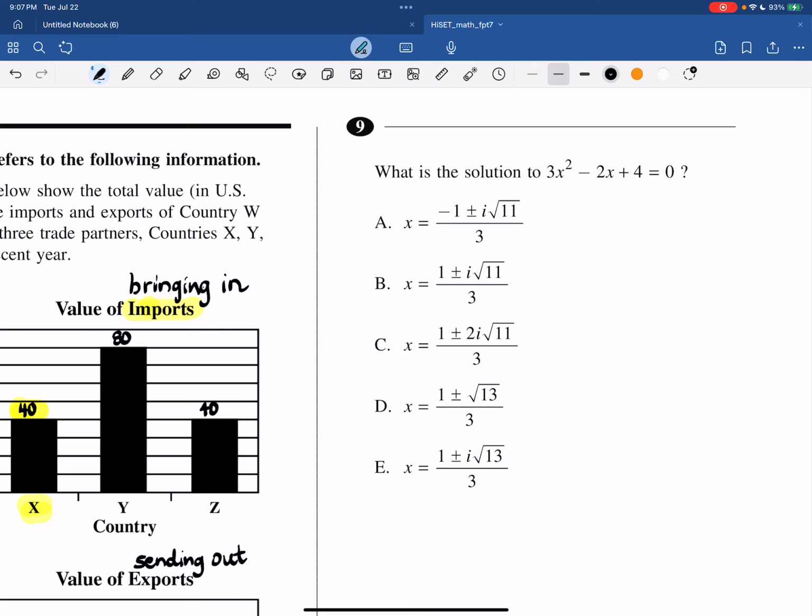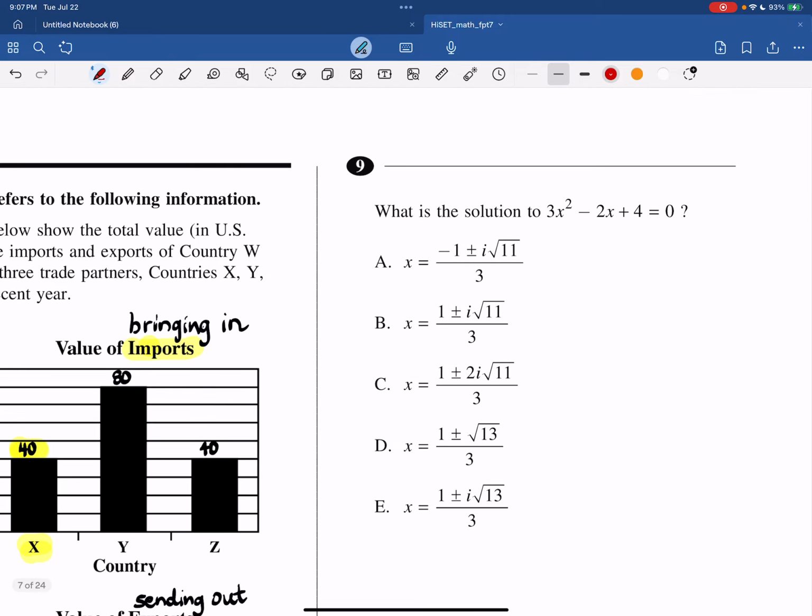You are going to need the quadratic formula, and I don't believe your formula sheet gives you that. Let me look at the formula sheet to see. No, so you would have to have this memorized, and let me just write it out for you. I'm going to write it right up here at the top where we can use it. So the quadratic formula is negative b plus or minus the square root of b squared minus 4ac, and all of that is over 2a.